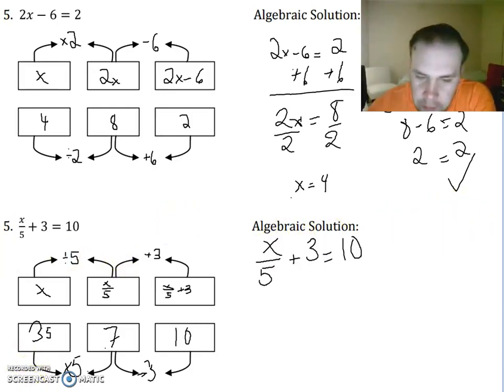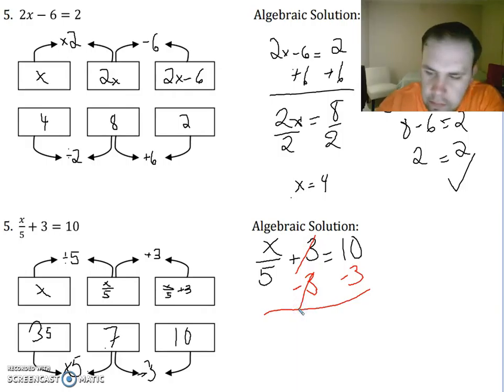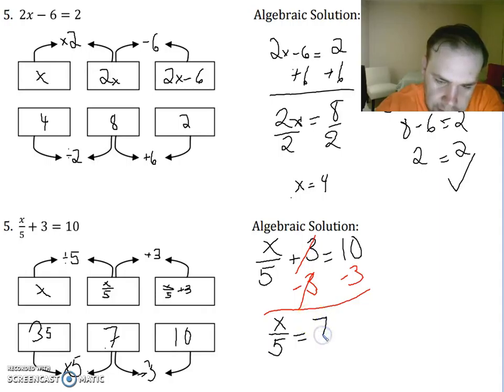And now I can solve this symbolically. So symbolically or algebraically here, we have x divided by 5 plus 3 equals 10. First step is I'm going to subtract 3 on each side. And that takes care of this. So on the left-hand side, I'm left with x over 5 equals 7. 10, take away 3 is 7.